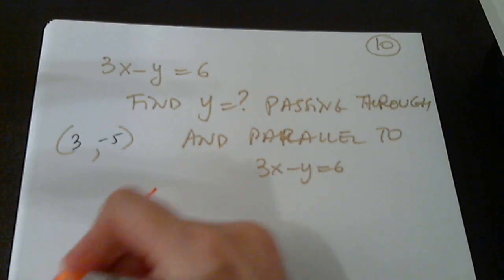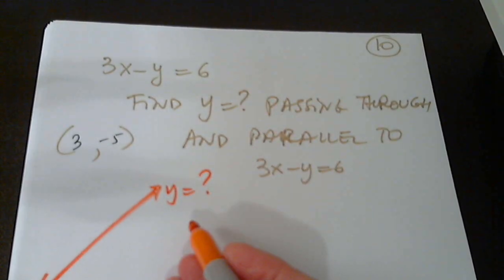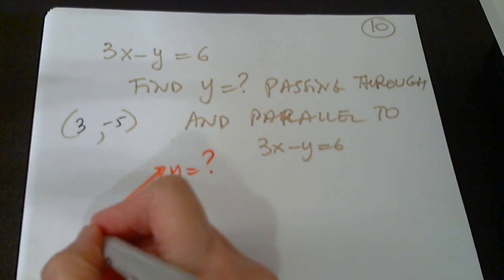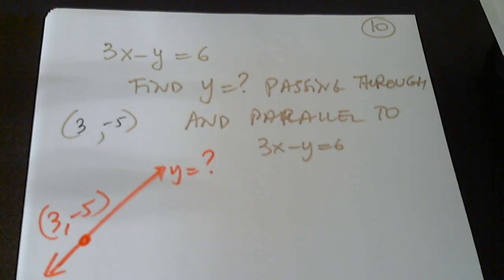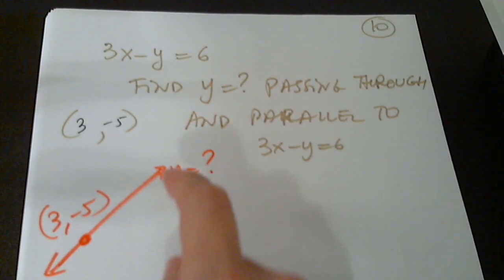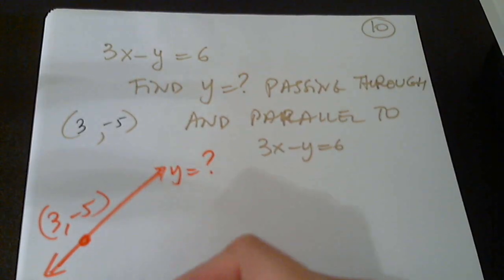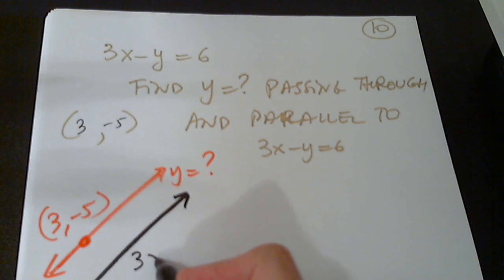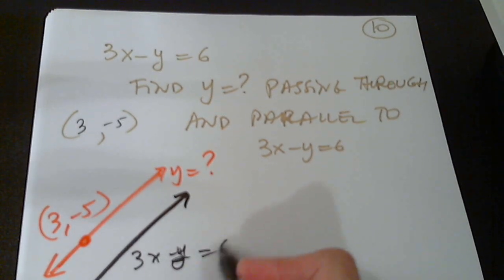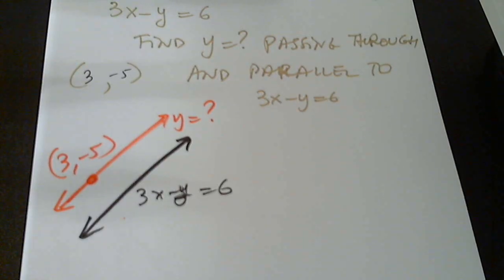We are given a point on an unknown line, which is 3, -5. We know that this unknown line passing through this point is parallel to this line, 3x minus y equals 6. They're asking us to find the equation of the line y equals.